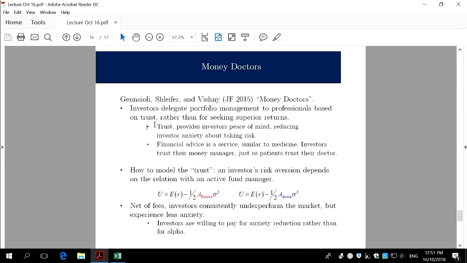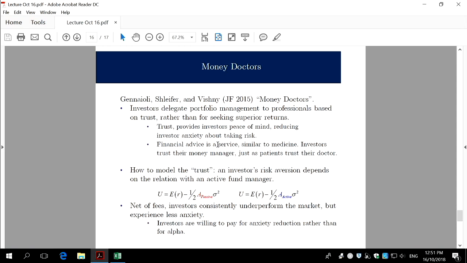It says trust provides investors a peace of mind, reducing the investor's anxiety about taking risk. So this is more like psychology doctors, right? It provides peace of mind, makes you feel better in taking risk, okay?